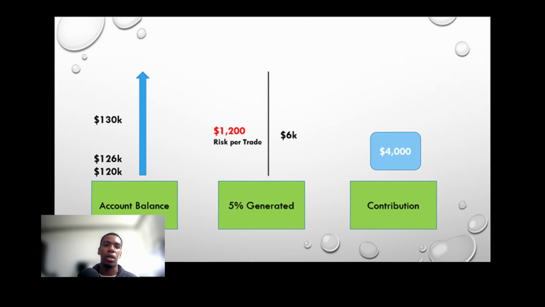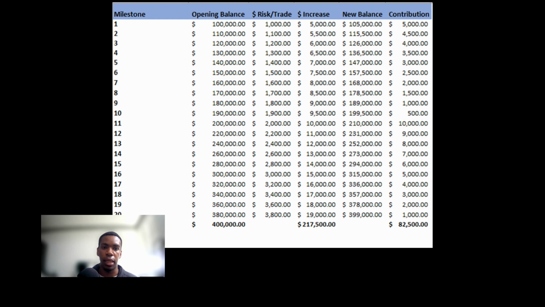Third milestone is 126,000. Max risk is 1,200. You can add 4,000, bringing it to a $130,000 account. And then this table basically just shows how to proceed up to milestone 20, where the new trading account balance will eventually be $400,000. And so you've increased the account from $100K to $400,000.